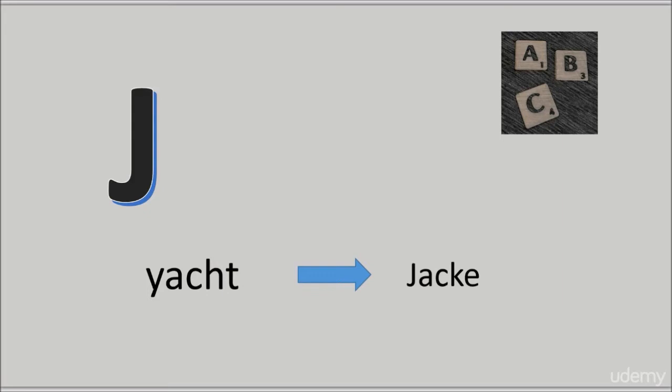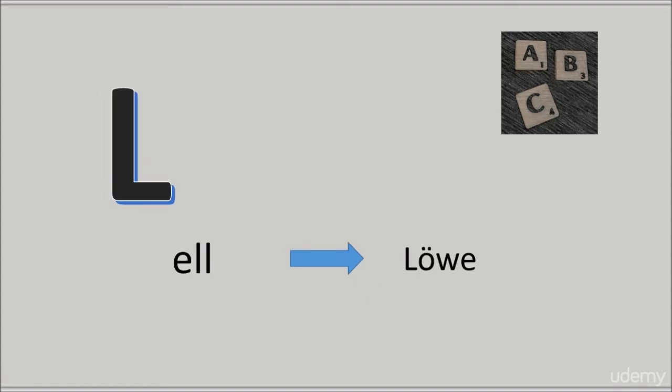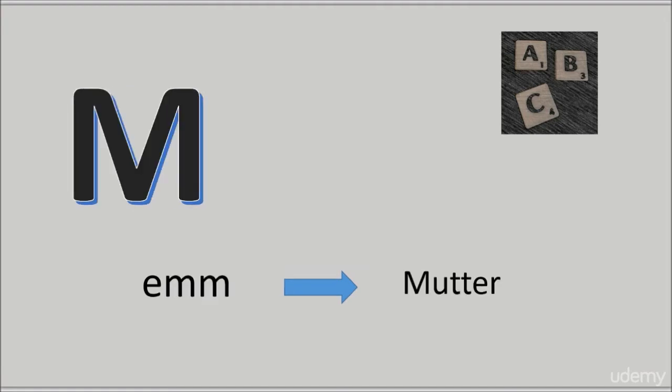J, wie Jacke. K, Katze, begins with K. L, wie Löwe. M, wie Mutter.